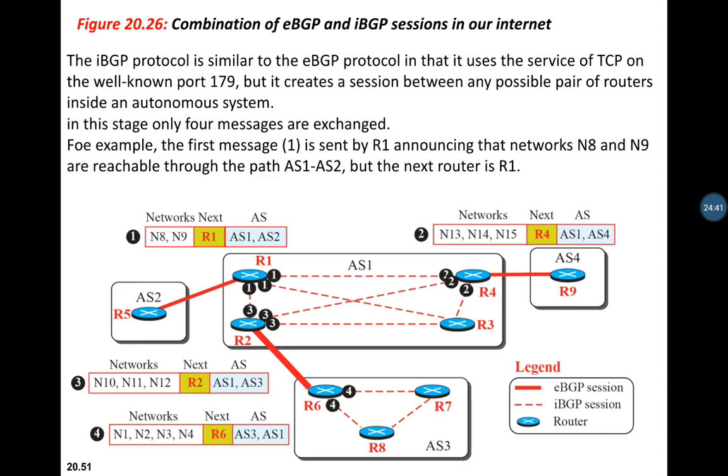These are said to be the iBGP messages. Similarly, the second one announces that N13, 14, 15 are reachable through AS1 to AS4, and the next router is R4, and similarly for the others.